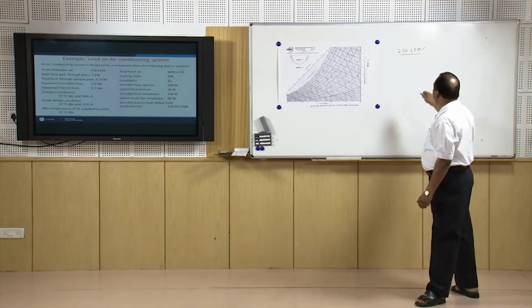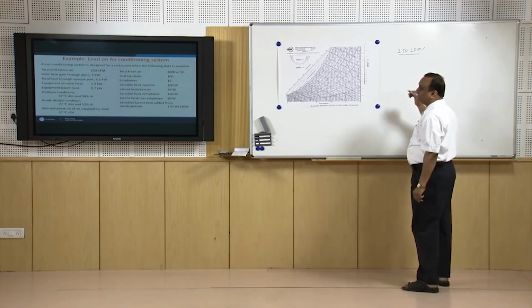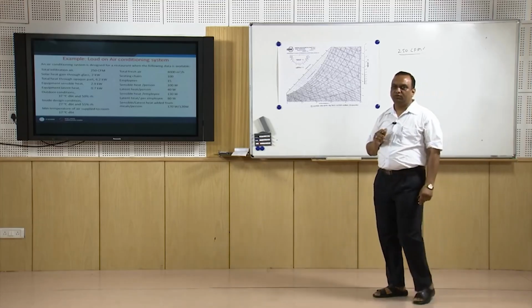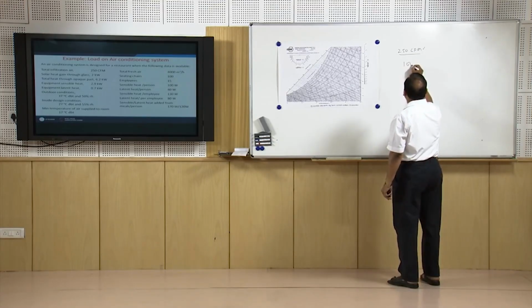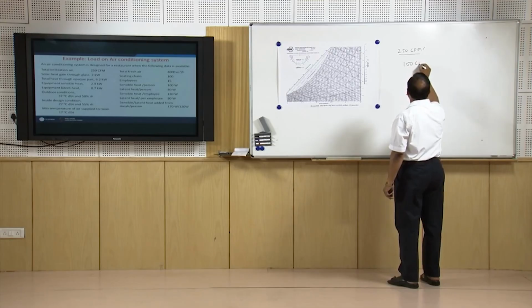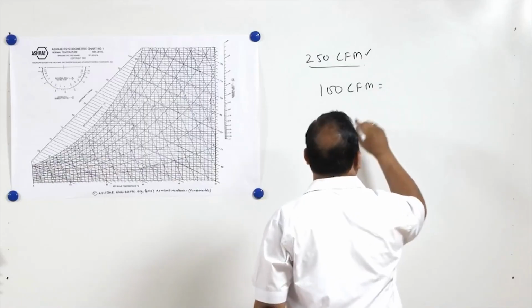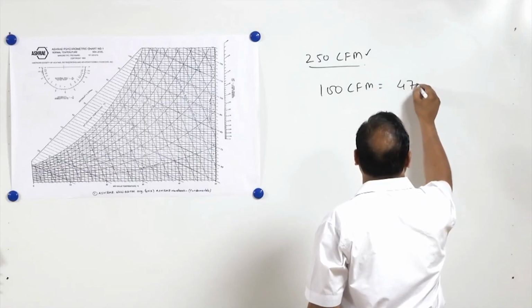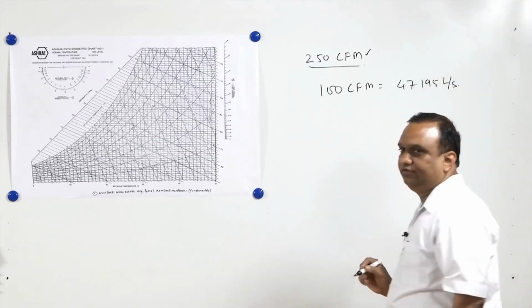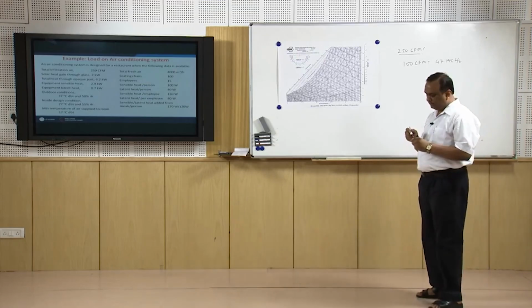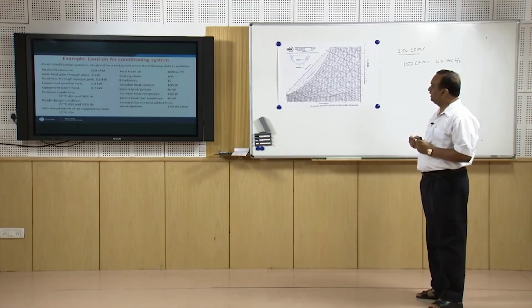So this 250 CFM of flow inside a building has to be converted into equivalent liters per second. 100 CFM is equal to 47.195 liters per second. This is the volumetric flow rate of air inside the restaurant.